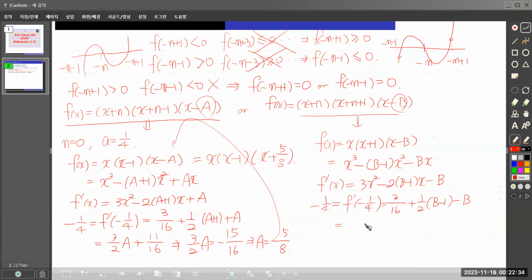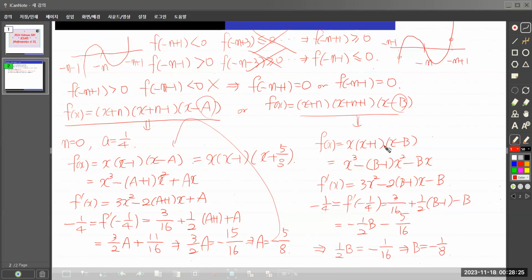If you compute this one, then you will have 1 over 2b is equal to negative 1 over 16. So b is equal to negative 1 over 8.